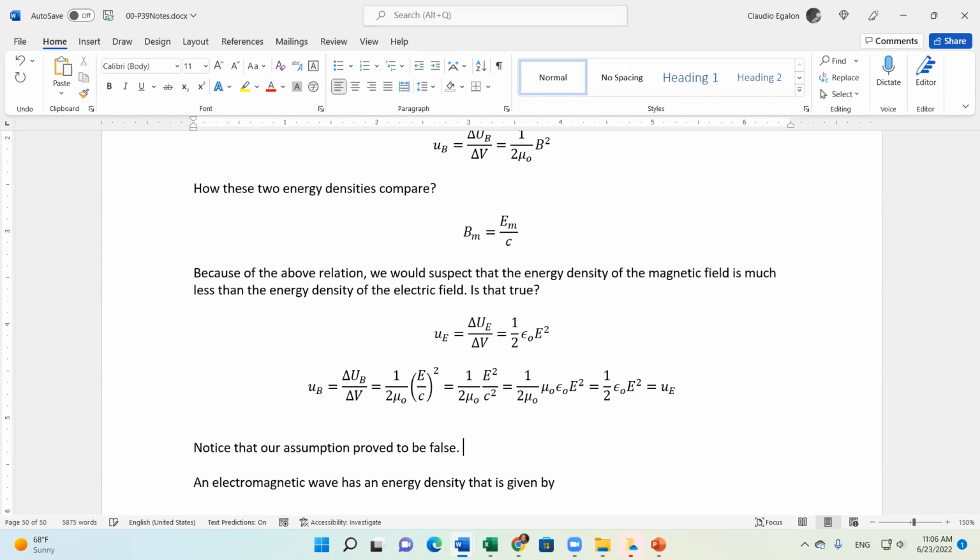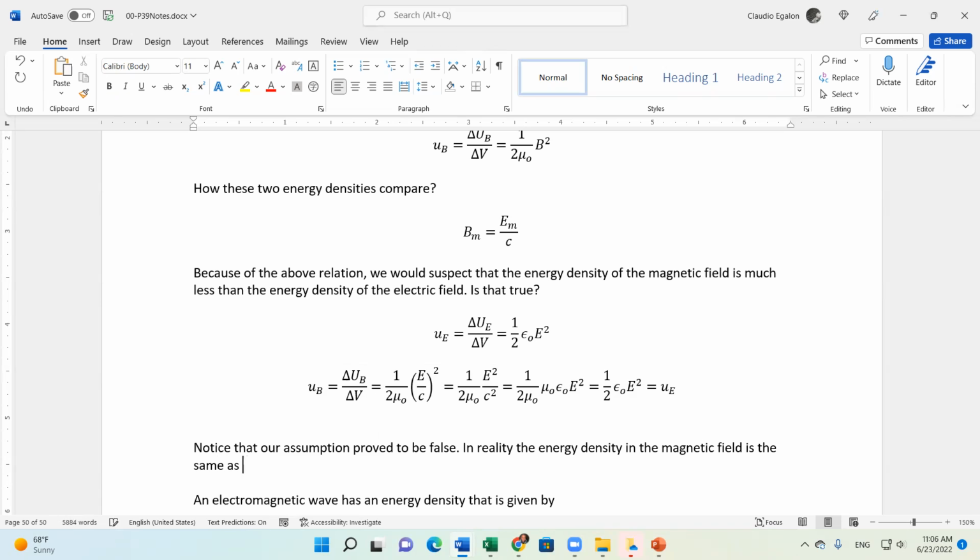In reality, the energy density in the magnetic field is the same as the energy density in the electric field.